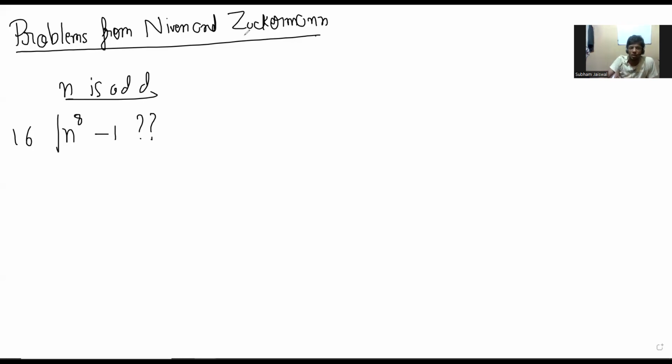So we saw that n square minus 1 was divisible by 4. Is it true that n to the 8 minus 1 is divisible by 16? So we can try to see. First we can try to factorize it a little bit.